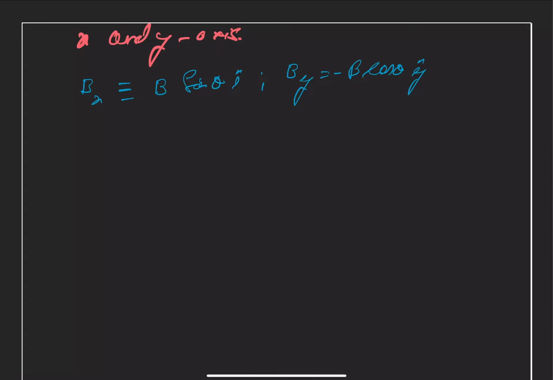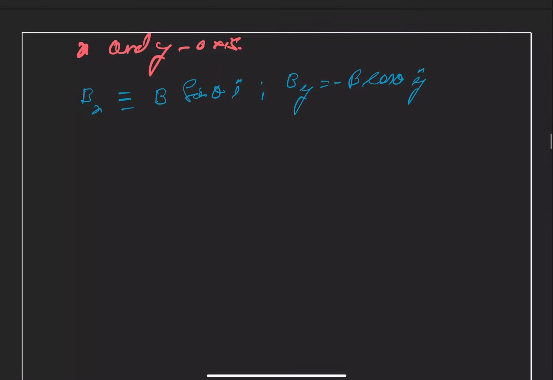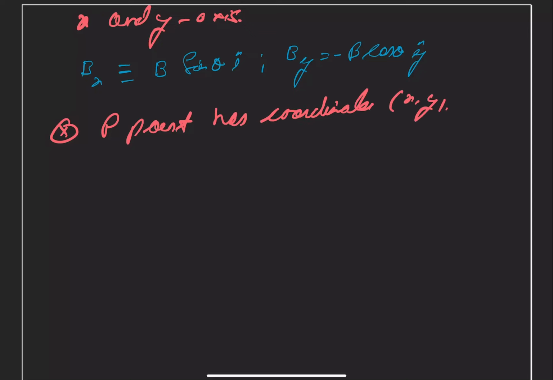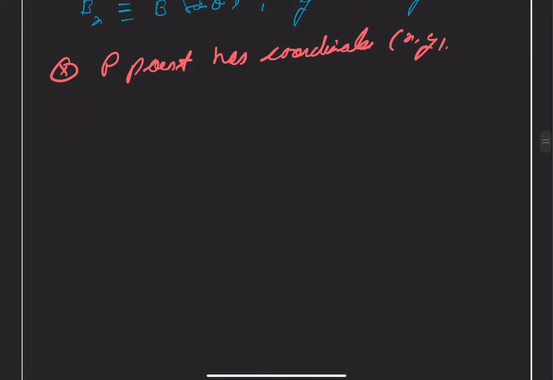Moreover, we can write that P point has coordinates x, y. So let me draw this one here. We have our P point with coordinate x, y.